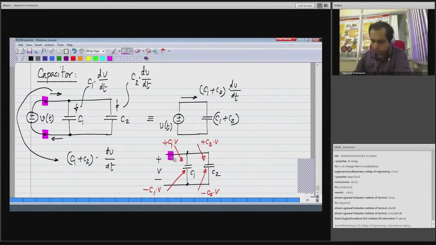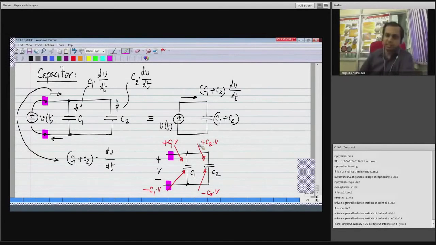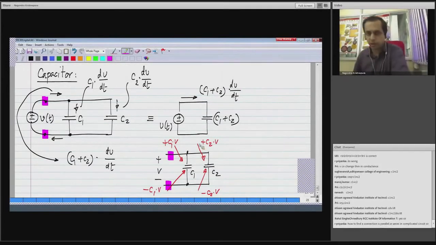So if you associate this terminal with one plate and this terminal with the other plate, you will see that on the effective upper plate you have C1 plus C2 times V, and that tells you that the capacitance is C1 plus C2.